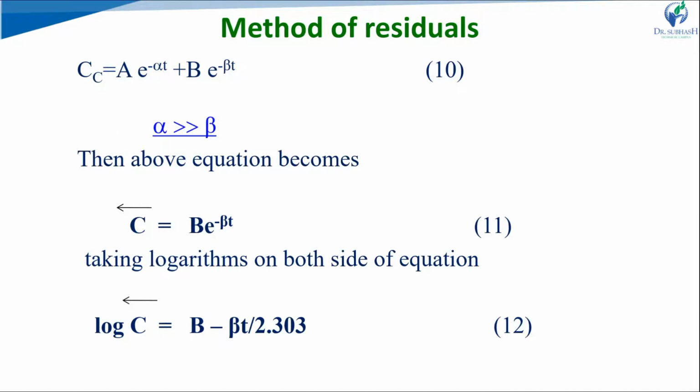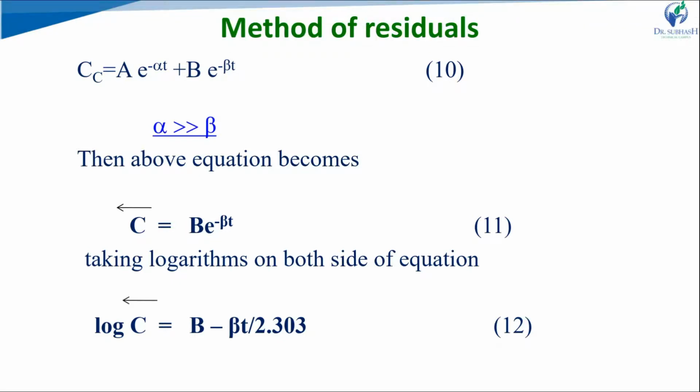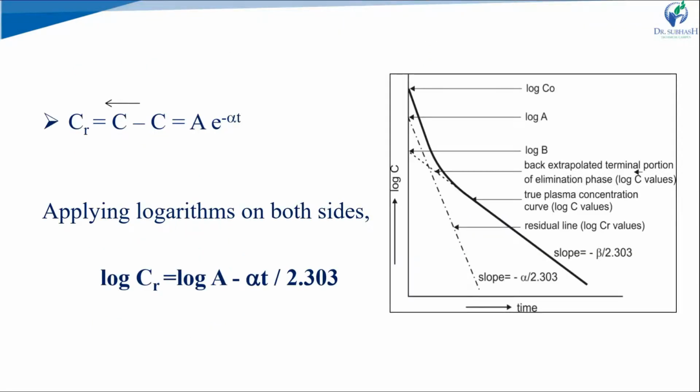Plot the graph, the concentration versus time. The terminal linear phase gives the curve having slope minus beta upon 2.303. From that we have to find out the residual concentration, which is equal to the back extrapolated value minus the true plasma concentration value.